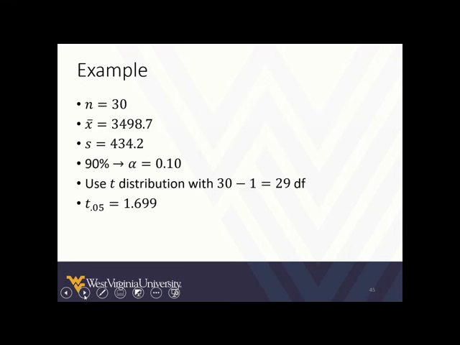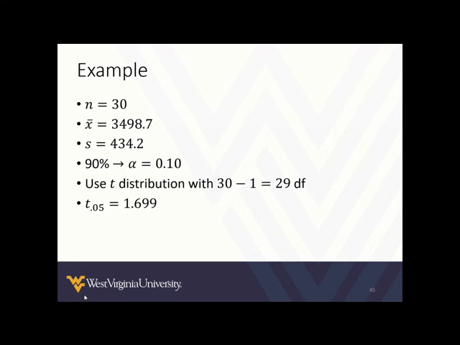So we're given that our sample size is 30, our sample mean is 3,498.7, our sample standard deviation is 434.2. We were asked to construct a 90% confidence level, so that would imply that our alpha is 0.10.